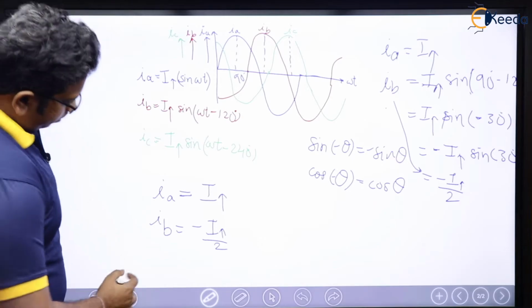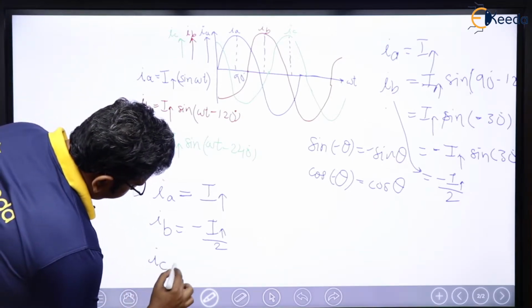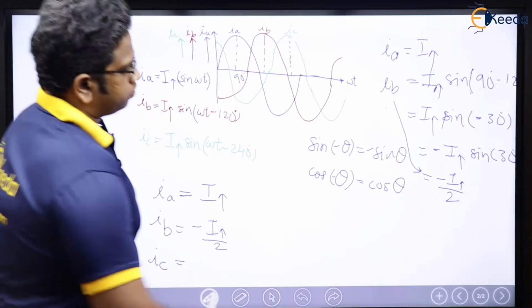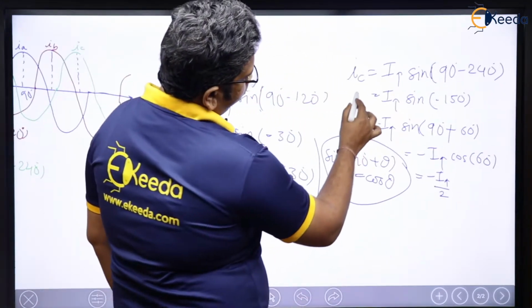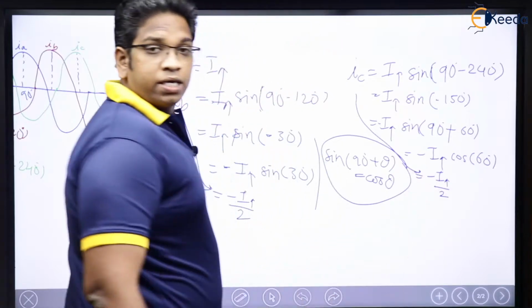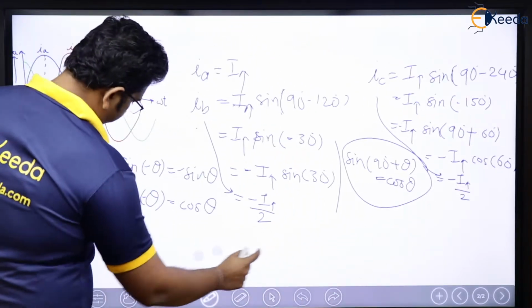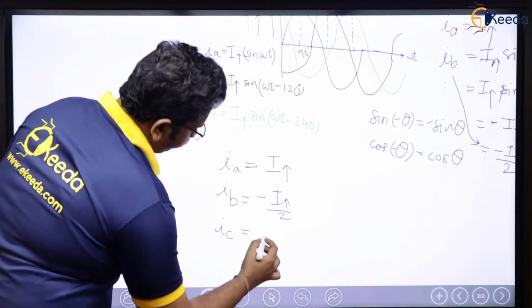Right? And IC, if you see here, IC is also minus I maximum by 2.